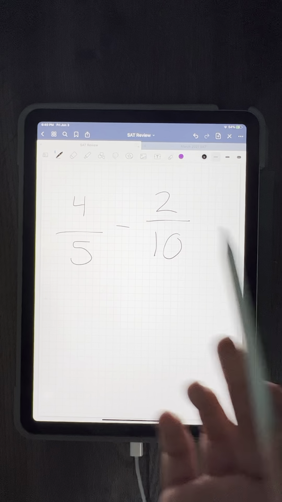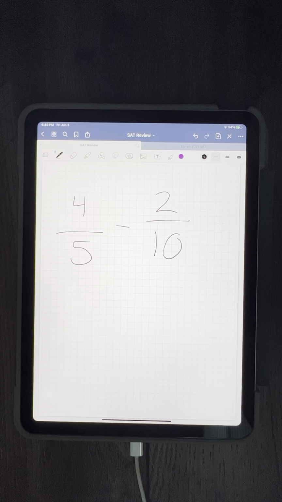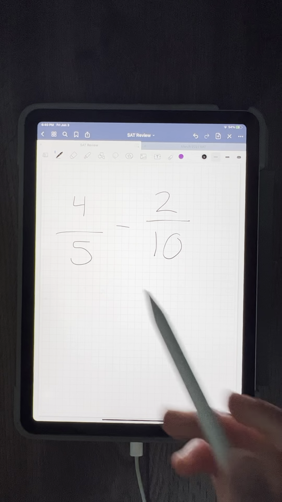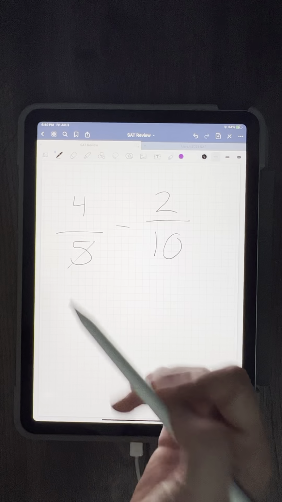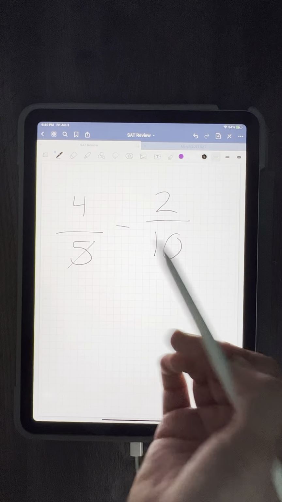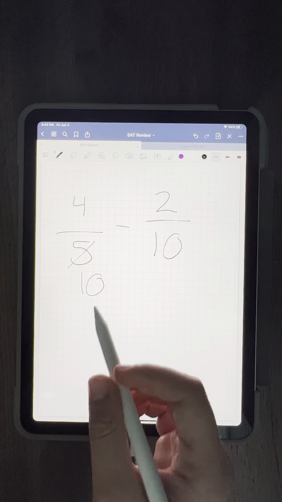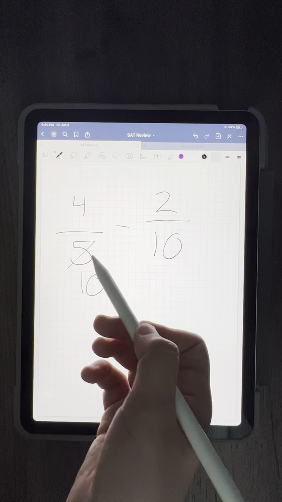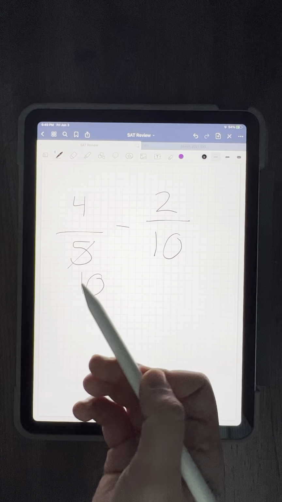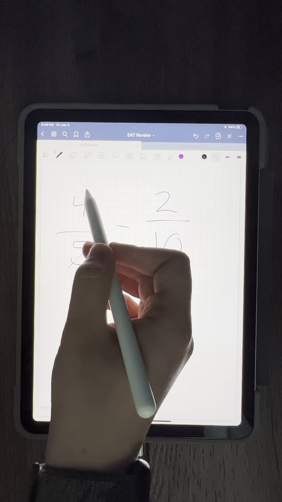So if you want to do 4 over 5 minus 2 over 10, you obviously can't just subtract them. That would be wrong. You need to change this 5, make it the least common denominator, which is 10, because 5 and 10 are common. So you make that 10. But what did you do to the 5 to make it 10? You multiplied it by 2. So what are you going to do? You're going to do the same to that 4.